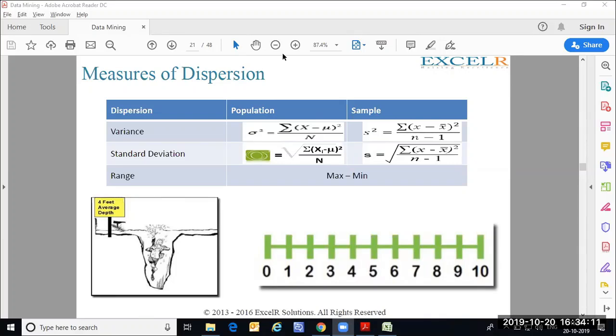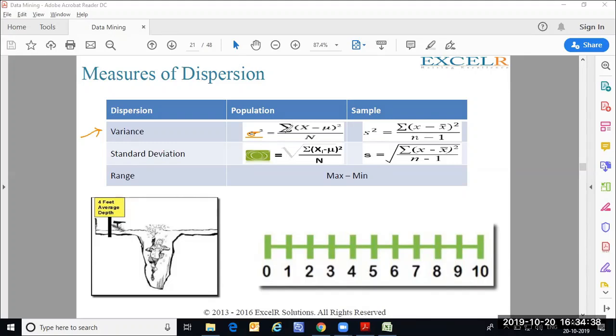The first measure is variance. The population variance is denoted by, how do you pronounce this? Sigma square, right? This sigma is different from this sigma.